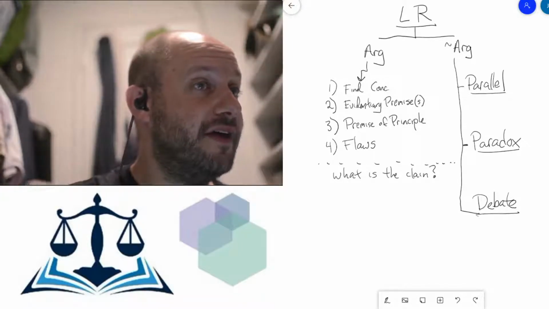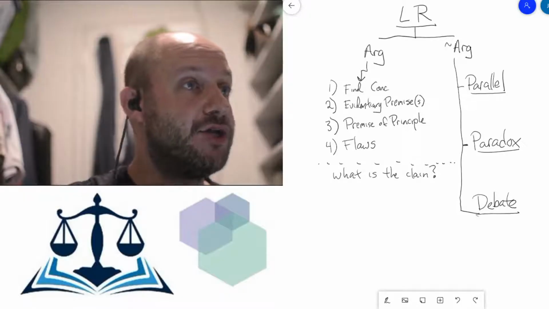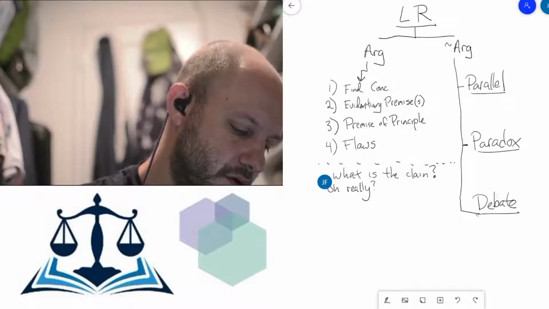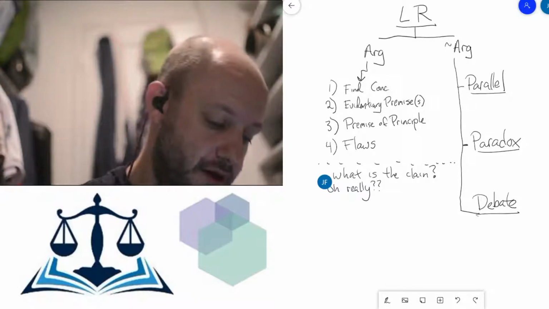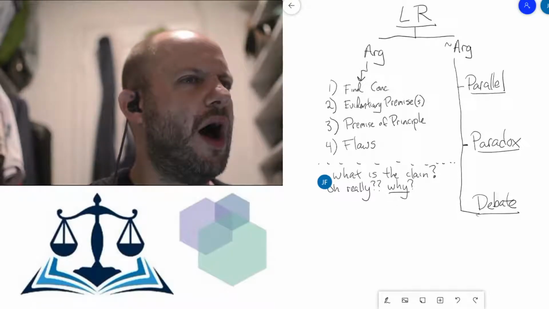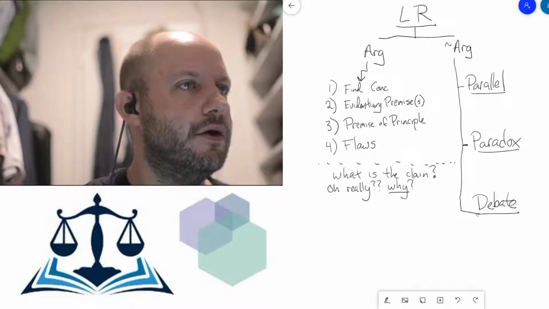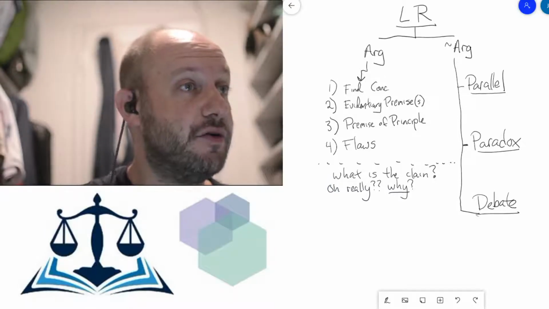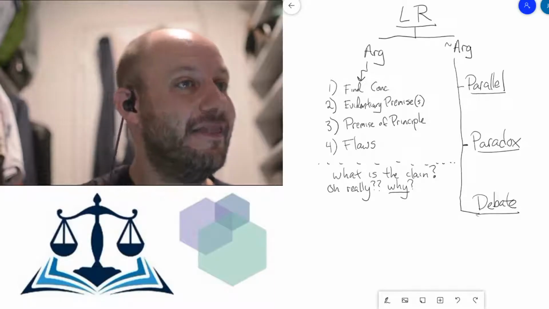Now, in order to find the evidentiary premise, my reaction to the claim has got to be this. Oh, really? Why? Jake's a good tutor? Oh, really? Why? Well, Jake's student scores go up. That's my evidence.